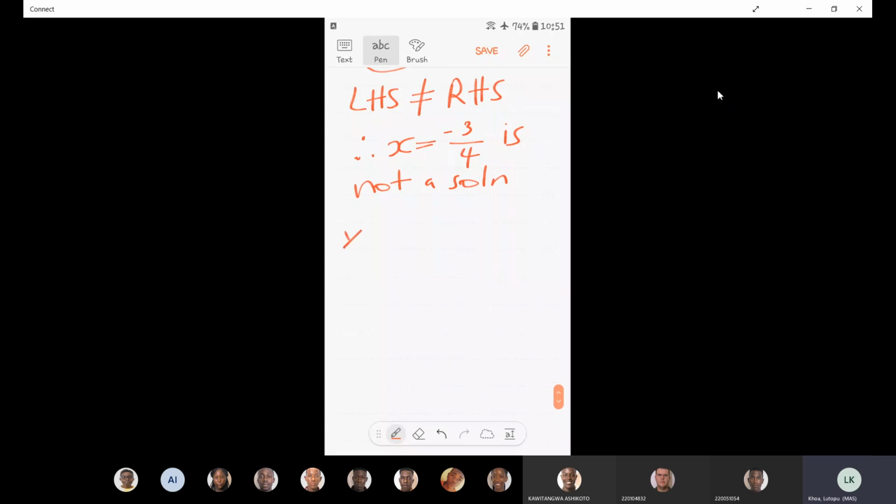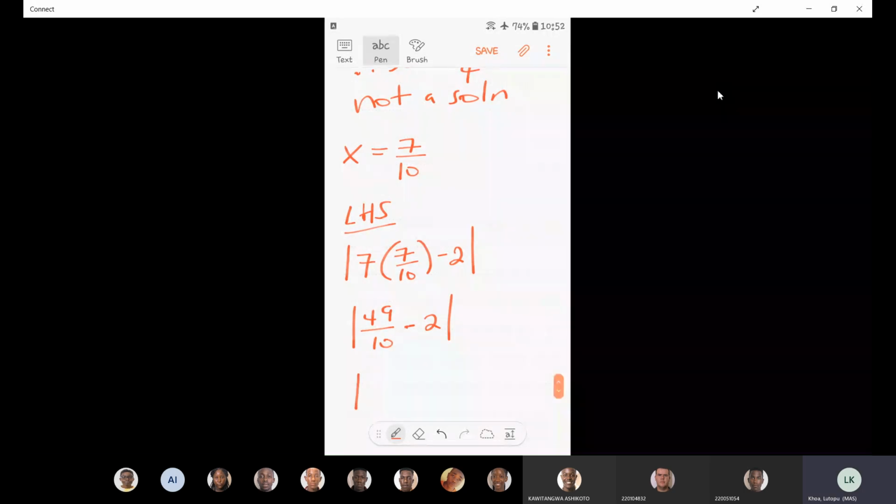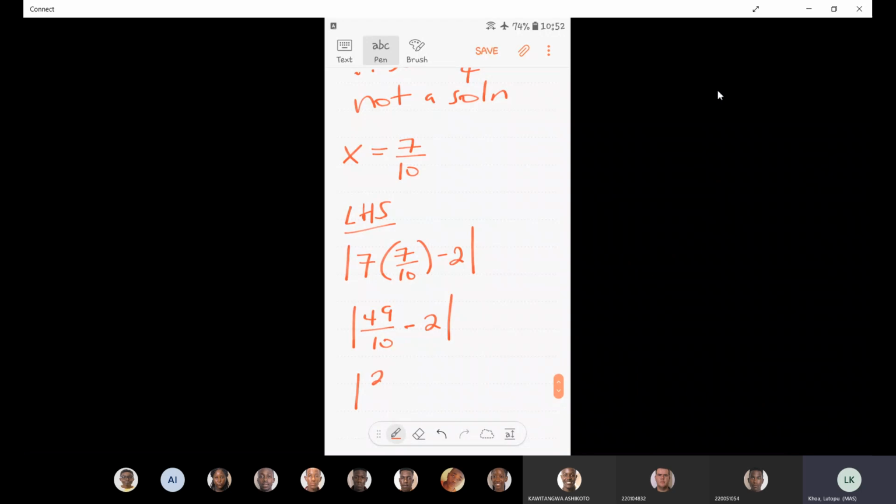Then we do the same thing with x is equal to 7 over 10. We need to check if this is a valid solution. So we substitute it in the left hand side. On the left hand side, we have absolute value of 7 times 7 over 10 minus 2. Okay, this is absolute value of 49 over 10 minus 2. This is absolute value of 29 over 10.